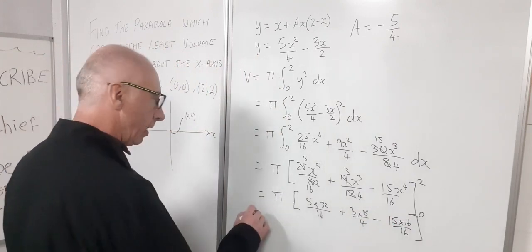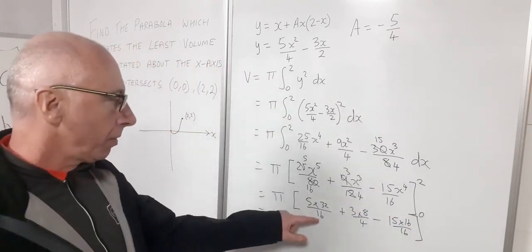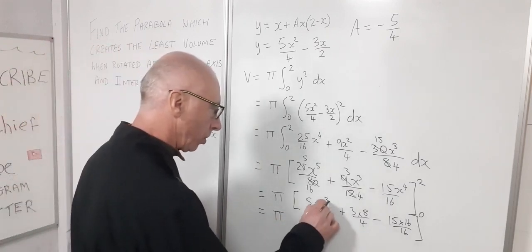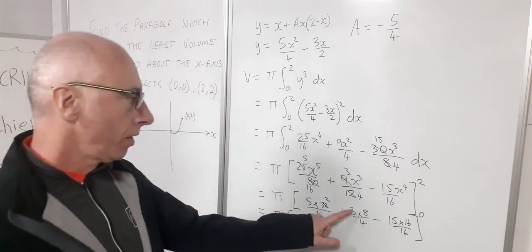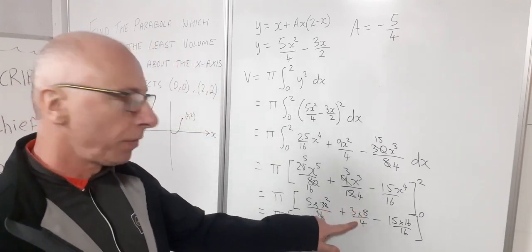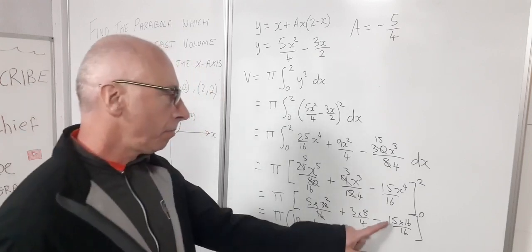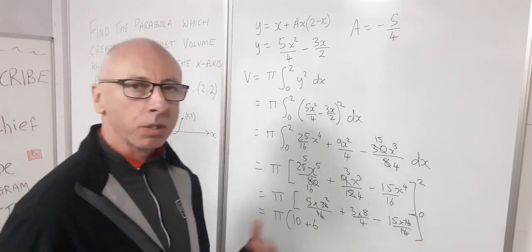Okay, now what's that going to give us? So 5 times 32 over 16, that will cancel out, and that will give us a 2. So now that will give us 10. 3 times 8, or 24, divided by 4 will give us 6. And then minus 15 times 16 over 16, they will cancel out. So now we subtract 15.